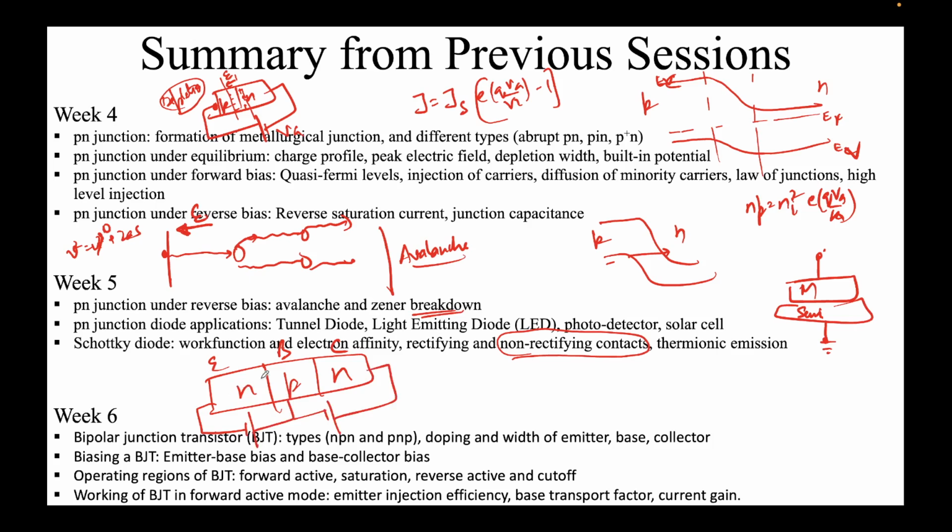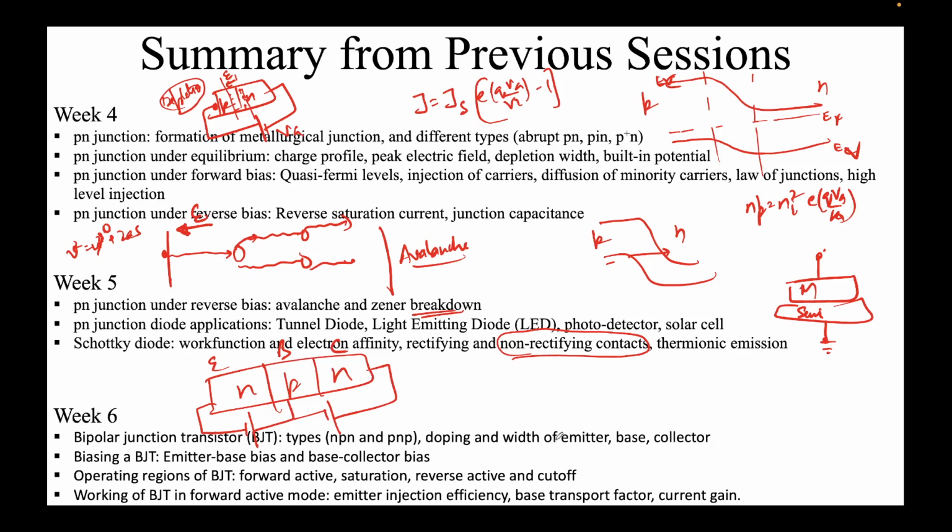Then the electrons will diffuse from the emitter to the base. If the base is very thin, very few electrons will recombine here, because remember this is p type, and the electrons can combine with the holes. But if the base is very thin, most electrons will travel to the collector and the circuit will complete.